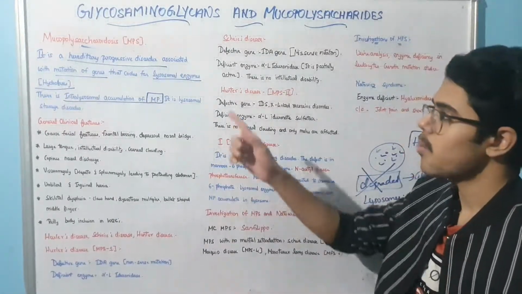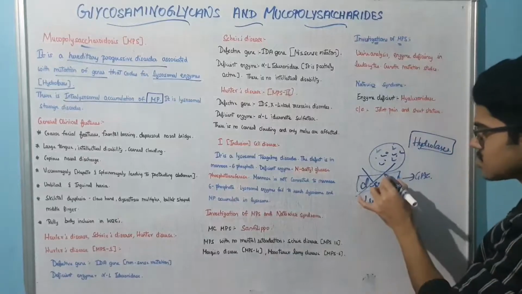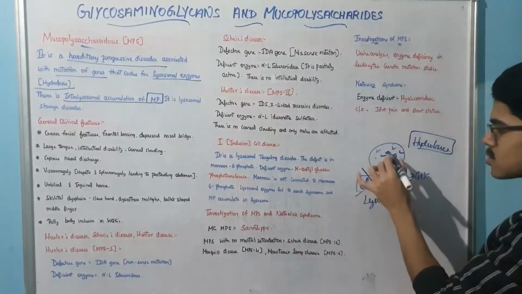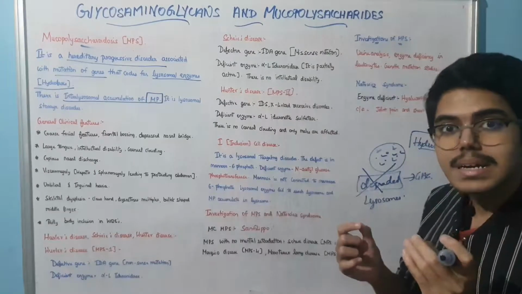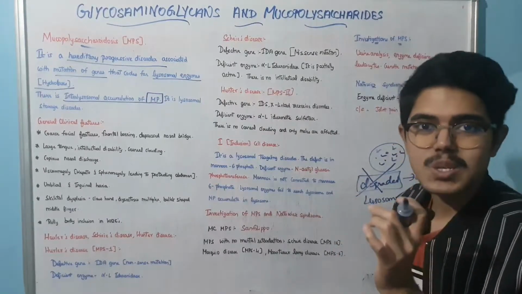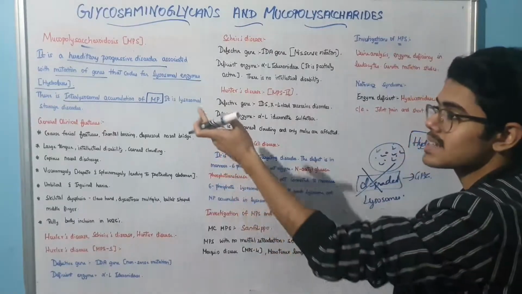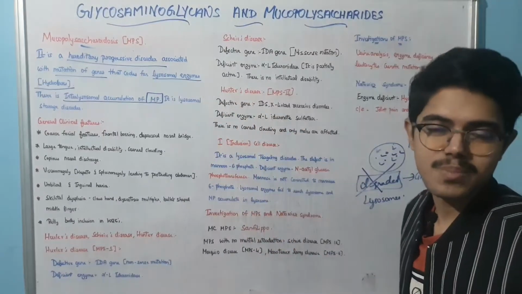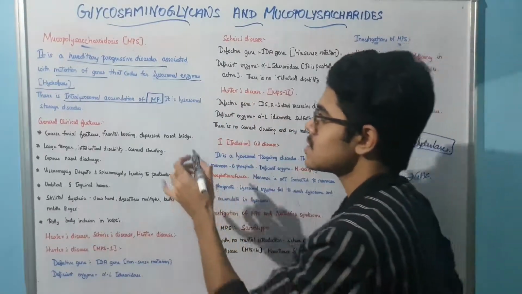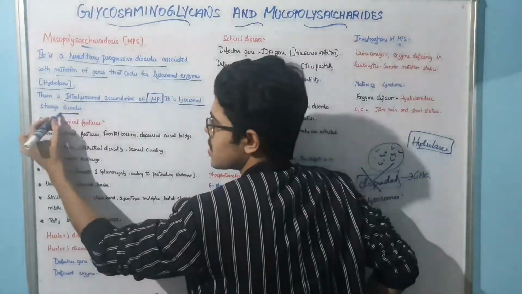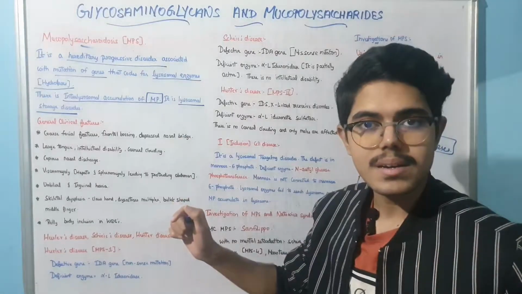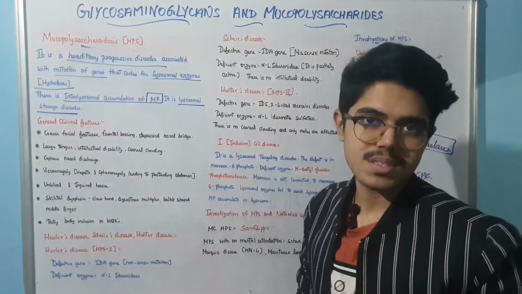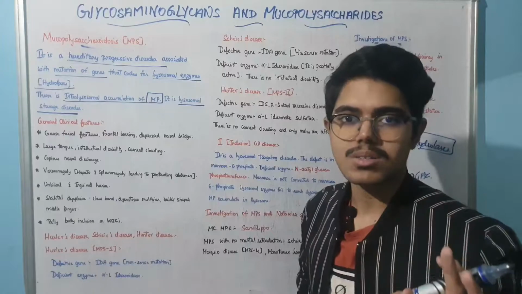If this is not taking place, what will happen to the glycosaminoglycans in the lysosomes? They will accumulate. When that accumulates, we call it intralysosomal accumulation, right? And it is a lysosomal storage disorder. So our mucopolysaccharides are being stored in the lysosomes. Very simple. You understand the concept?